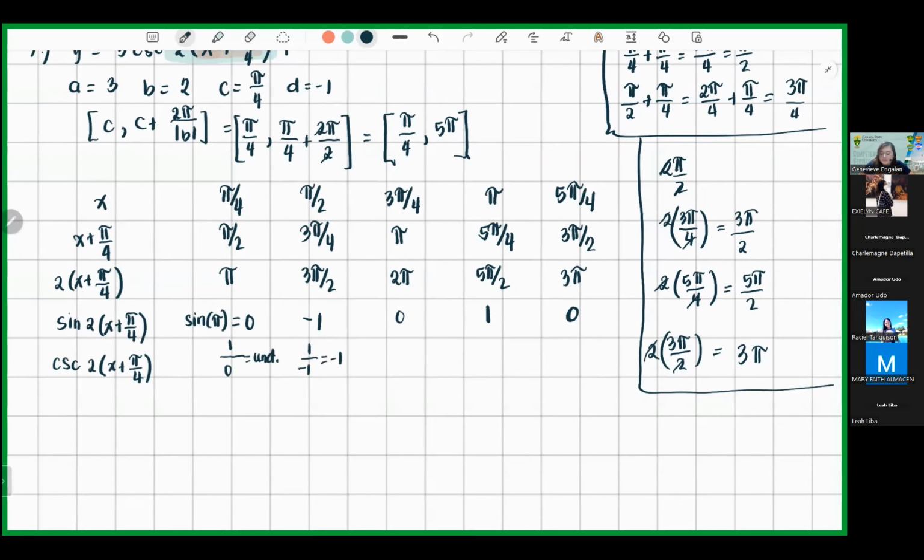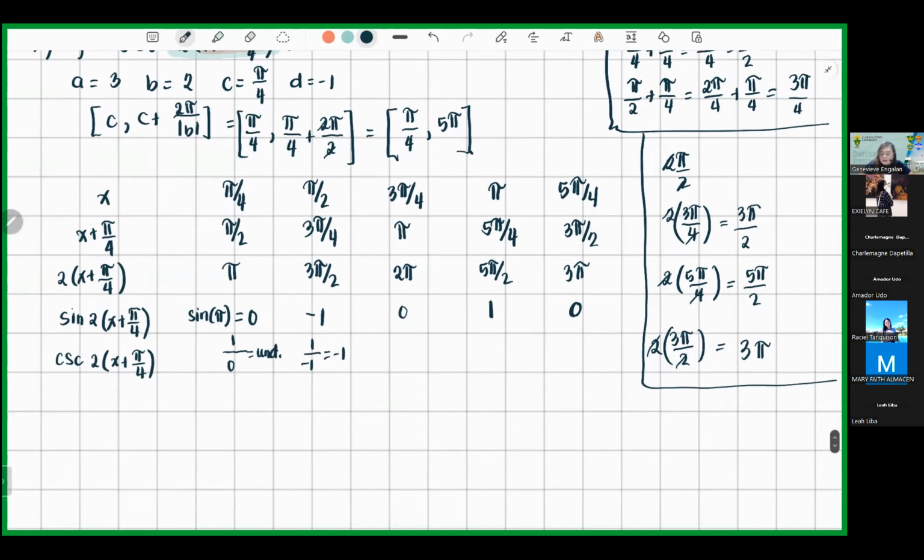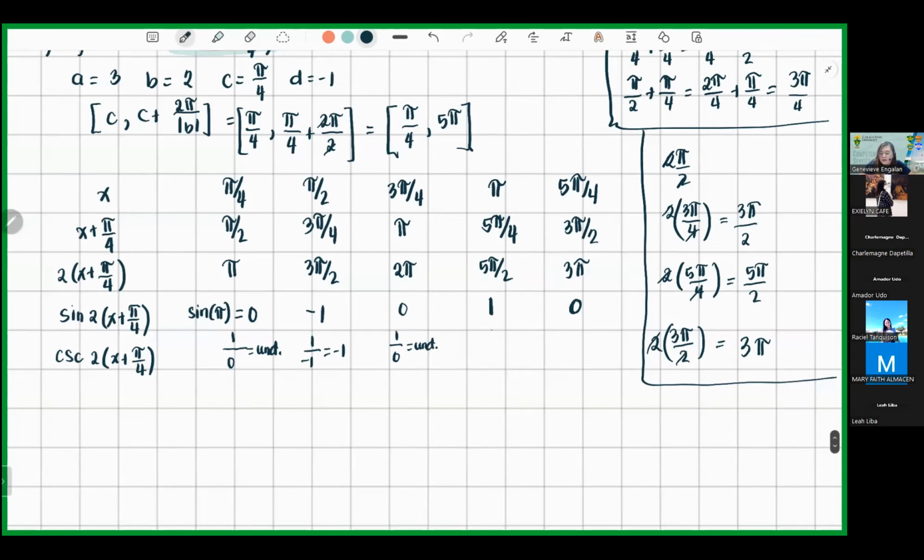Then 1 over 0 is undefined. Then 1 over 1 is 1. Then 1 over 0 is undefined.